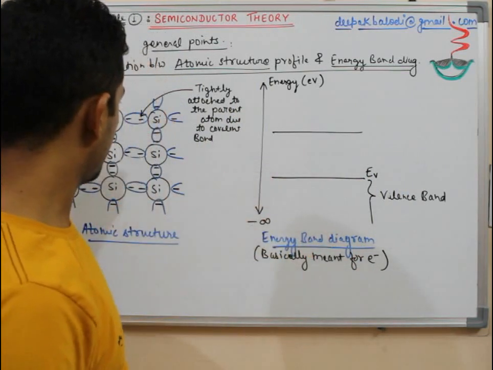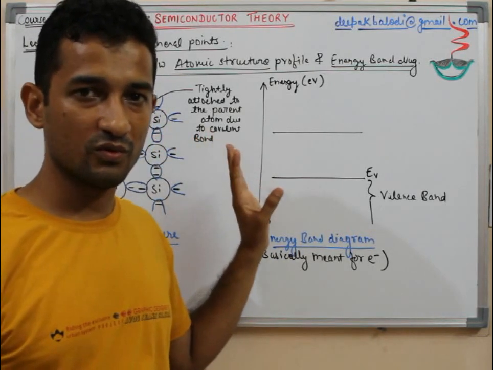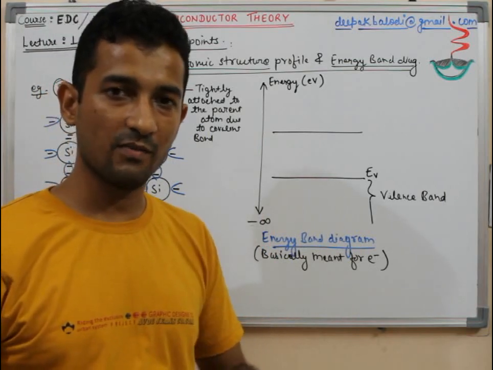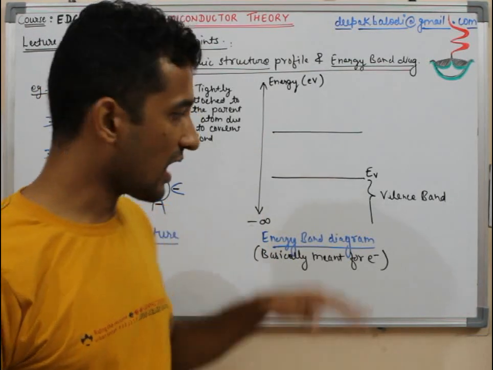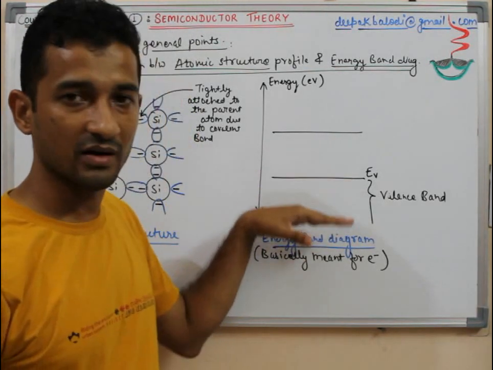All these well attached electrons which cannot move, which are very well bound within the covalent bond, have their corresponding energy levels represented here.